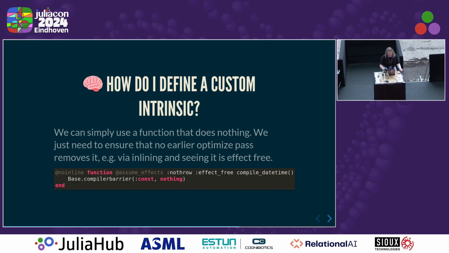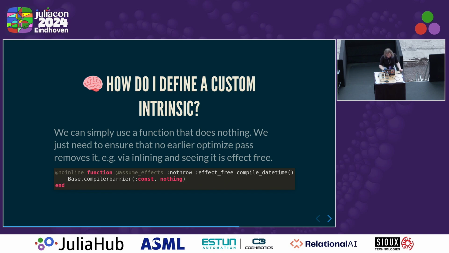We need to put a compile barrier const here so that it doesn't ever get constant folded and thus deleted. That's generally enough to make sure it won't be deleted. However, if you also need to avoid it being deleted due to dead code elimination, say it's on a path that is provably not taken, but for some reason you want it to show up anyway, which is an unusual thing, you can also add a Base.do_not_delete inside it, and then it won't be deleted even by dead code elimination.